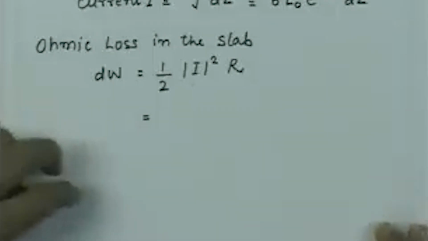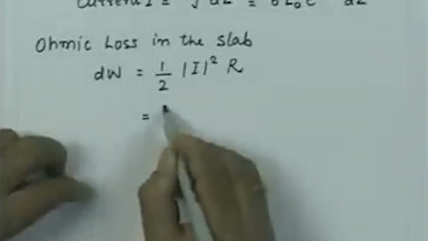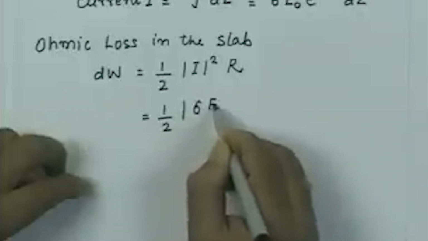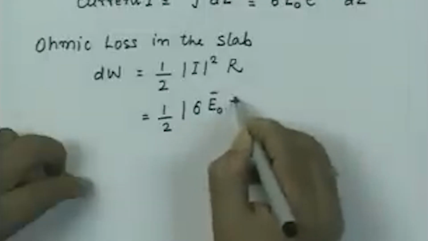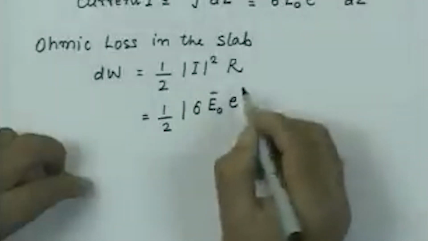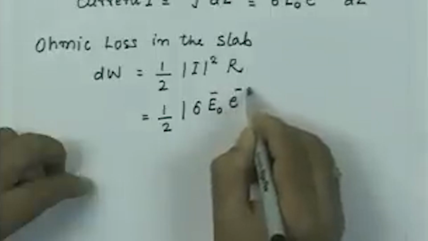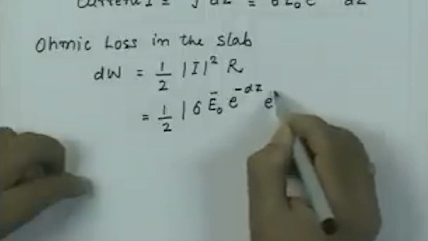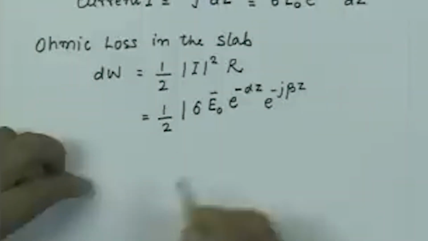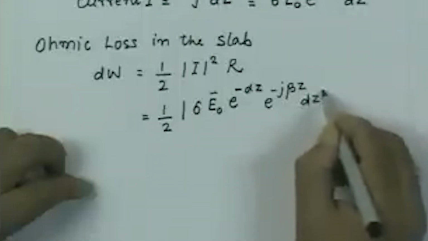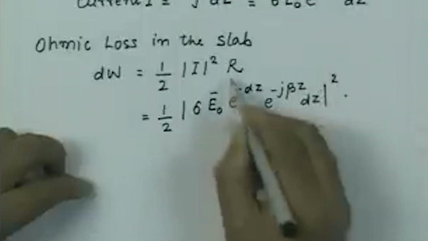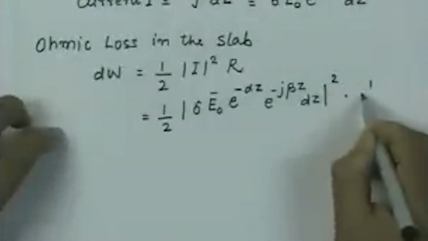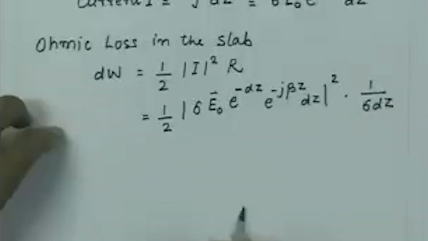So this will be half mod of sigma E 0 e to the power minus gamma z, which I can expand to get e to the power minus alpha z e to the power minus j beta z, dz square, and the resistance is 1 upon sigma dz.